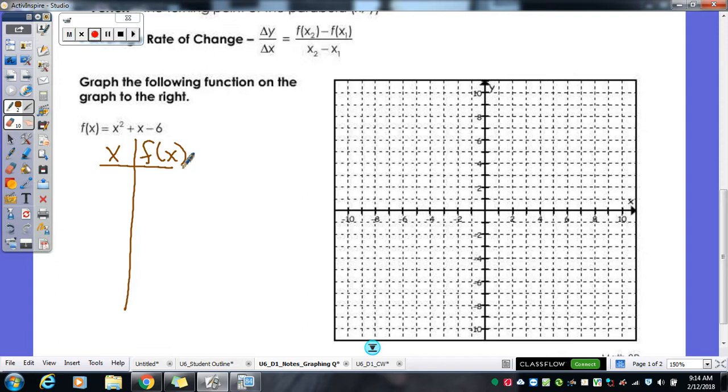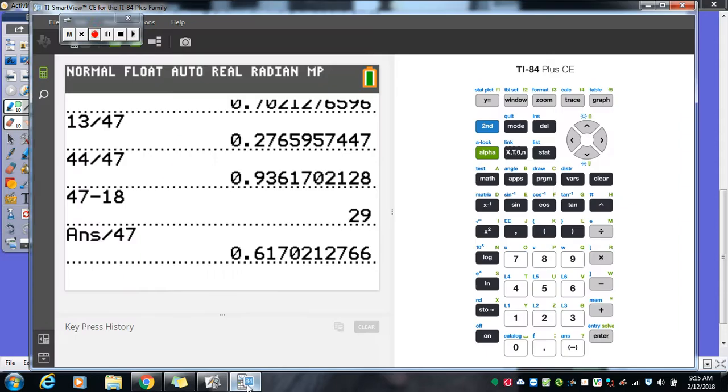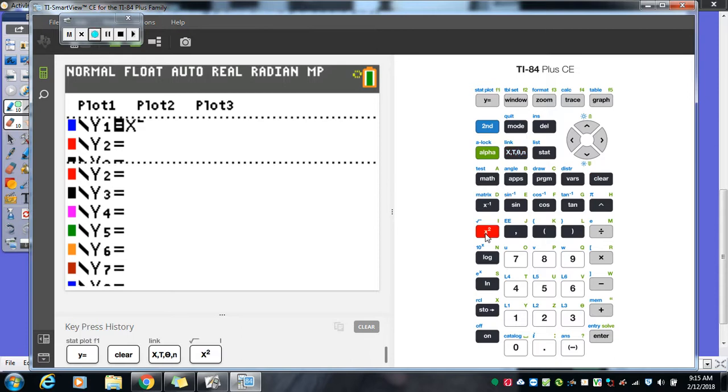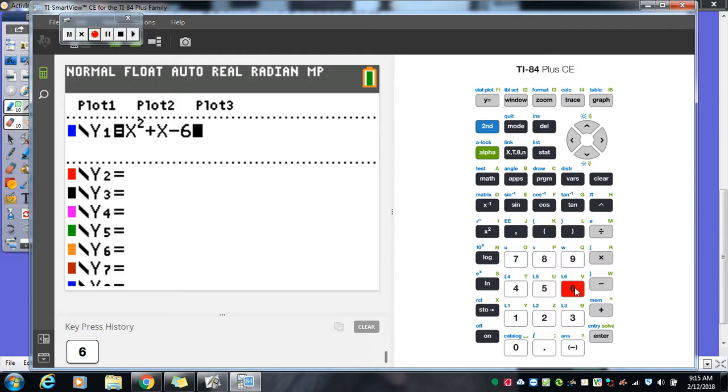So in your calculator under y equals, I want you to type that in, x squared plus x minus 6. Under your y equals, we should have x squared plus x minus 6.